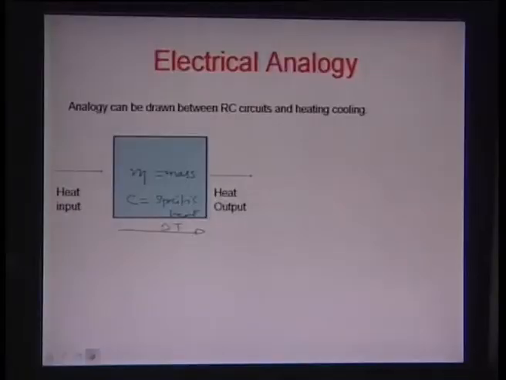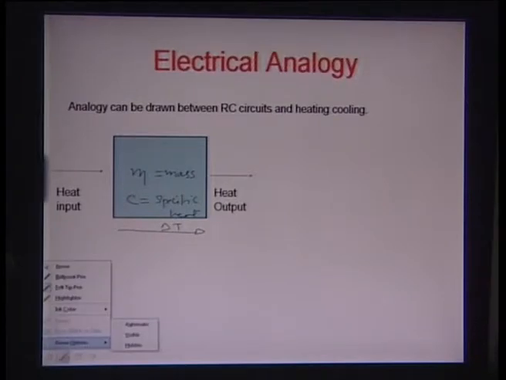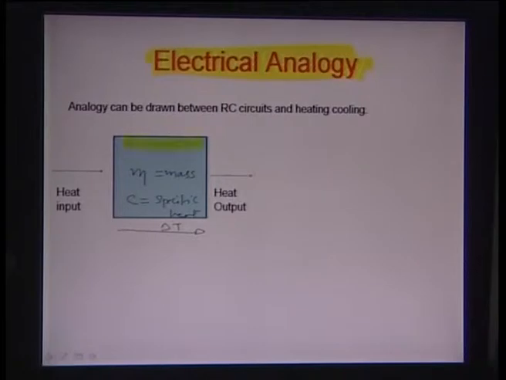If you look at the slide here, there is a mass which you are heating up. This right here is the mass, represented by the term m, and the specific heat of the material is C. We assume a temperature difference delta T between both ends of this mass.